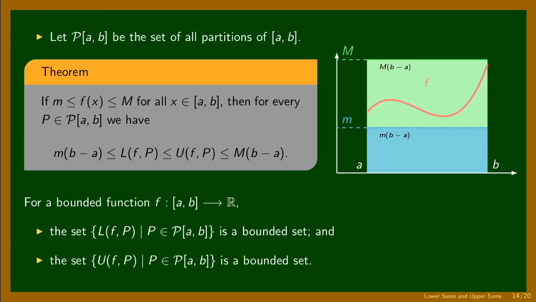Naalala nyo yung tinatawag nating monotone convergence theorem? That if you have an increasing sequence of numbers and then this increasing sequence has an upper bound, automatic na siya ay may limit. Similarly, if you have a decreasing sequence of real numbers, tapos yung sequence na to ay may lower bound, then automatic na yung sequence na yun ay may limit.